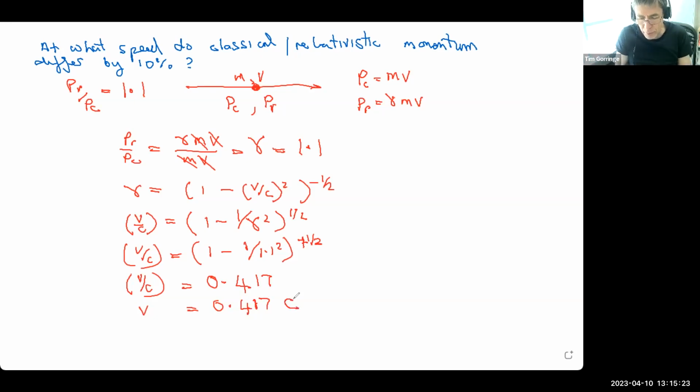It's 41.7% of the speed of light. So that's the magic speed at which, if you're traveling at that speed, 41.7% of the speed of light, then your momentum is 10% greater than your classical momentum if you were traveling at low speeds.